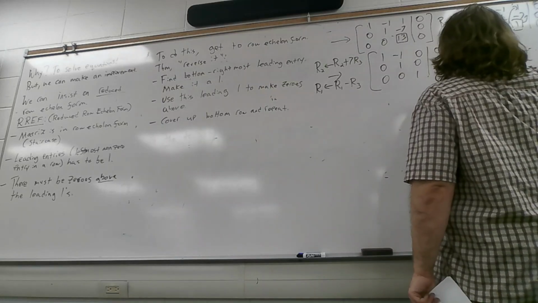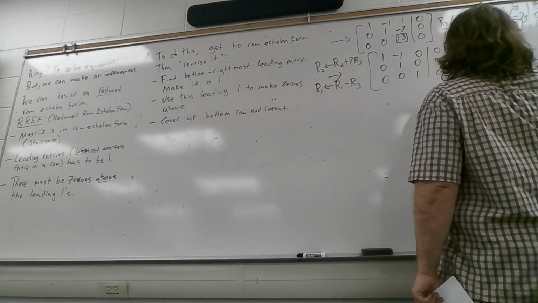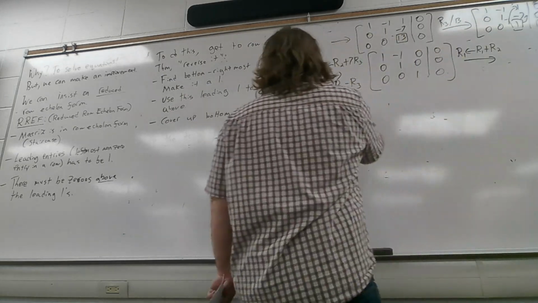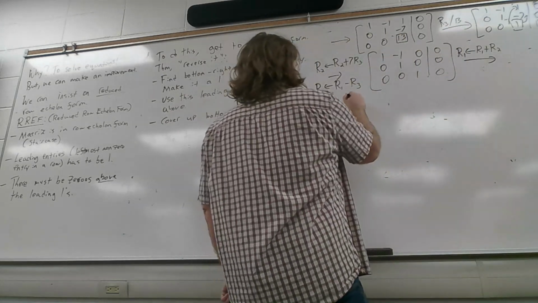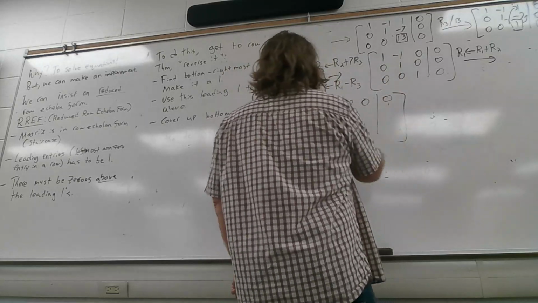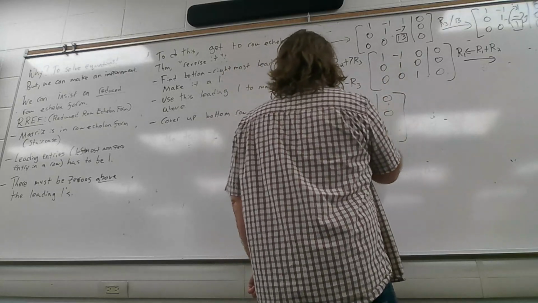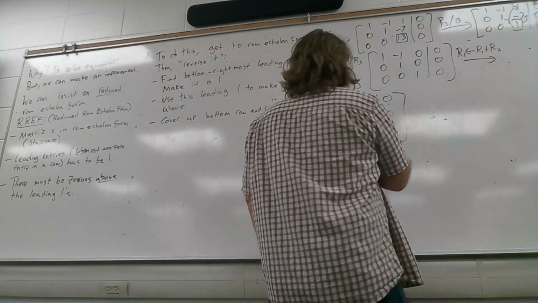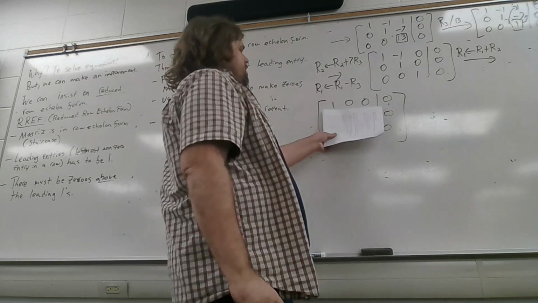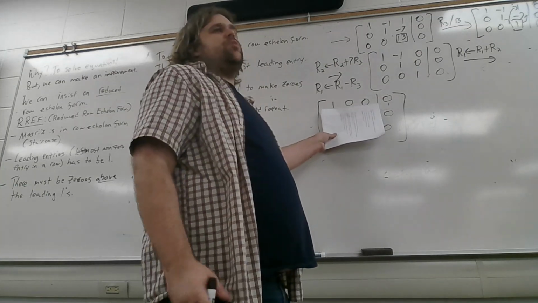So row 1 will become row 1 plus row 2. I'm just going to add 1 to minus 1. So that adds to that is 0. And now we cover this up and repeat, but there's nothing above this row, so we're done, right?